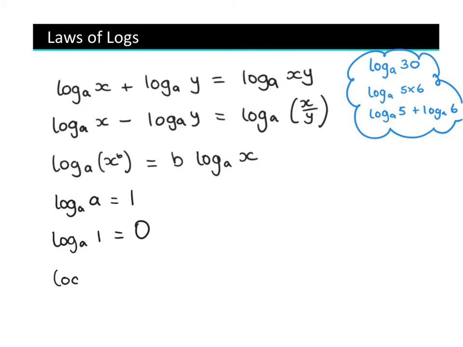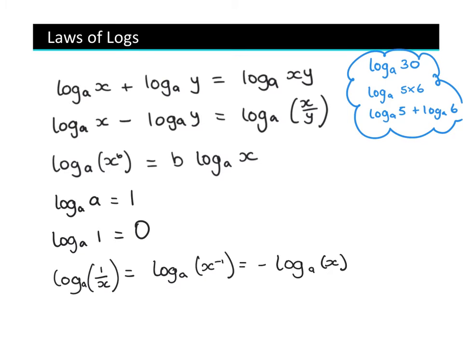And log to the base a of 1 over x. What could I rewrite this as? This is the same as log to the base a of x to the negative 1, and then using this law here, I could rewrite this as negative log to the base a of x.